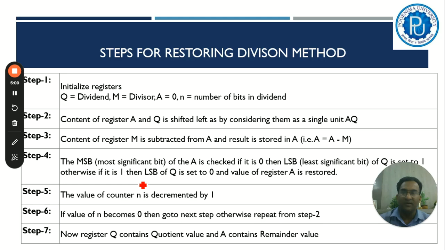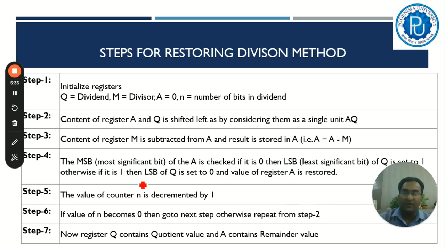Then we check the MSB, the most significant bit, of A. If it is 0, that means the result is positive, then the least significant bit of Q will be 1. If the result is negative, that is, after subtraction we got a negative value, the most significant bit of the accumulator is 1, then the LSB of Q will be set to 0, and the value of register A will be restored.